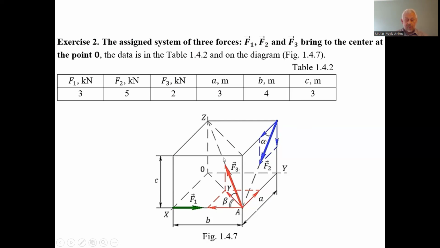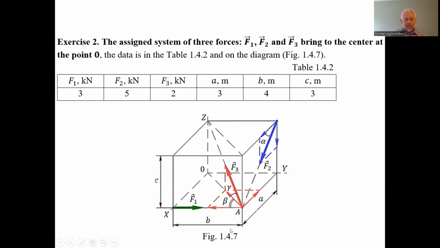Next, using the leg and the length of the diagonal, we can find the cosine by dividing the leg A0, 5 meters, by the diagonal size. The diagonal length we can find using the theorem of Pythagoras.